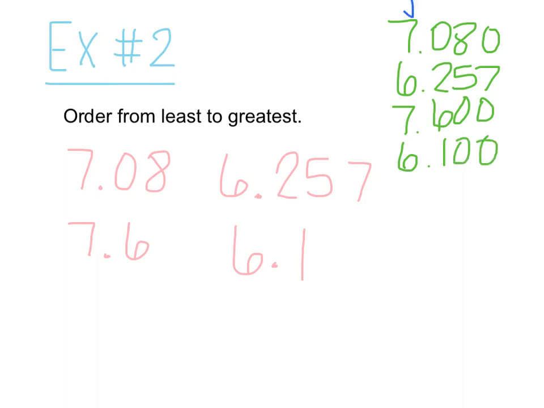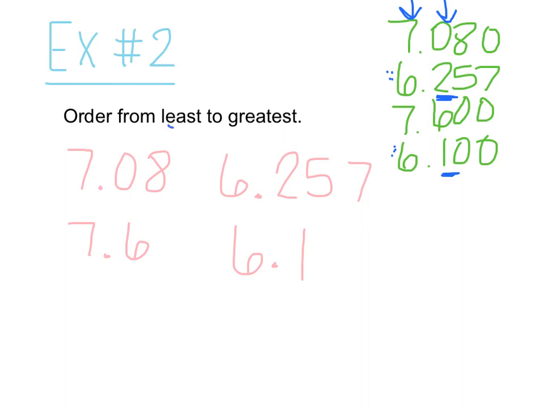We look starting left to right, in the ones place. We're going least to greatest. I see 2 7s and 2 6s, so obviously the 2 6s are going to be smaller. I'm going to focus on those 2 numbers right now. Now I look at the tenths place. In this number I have a 2, and in the one down here I have a 1.